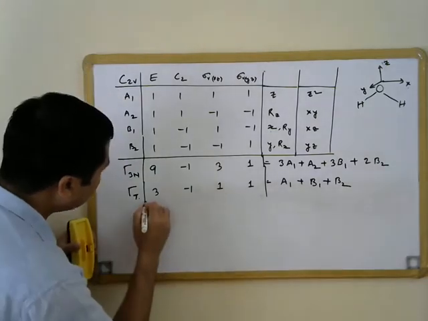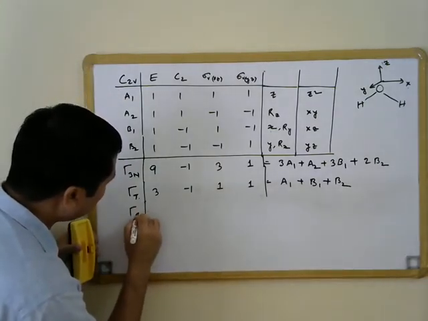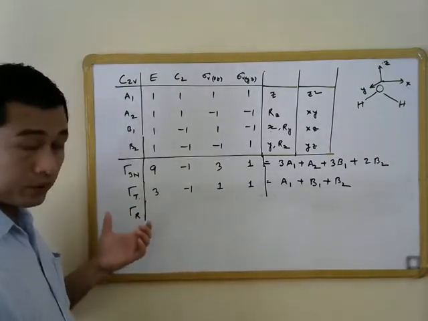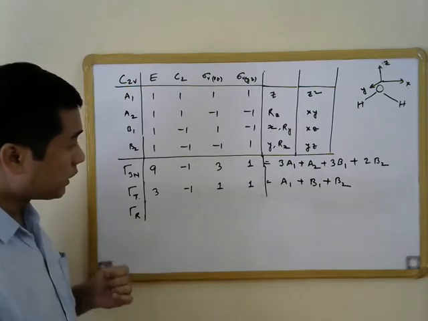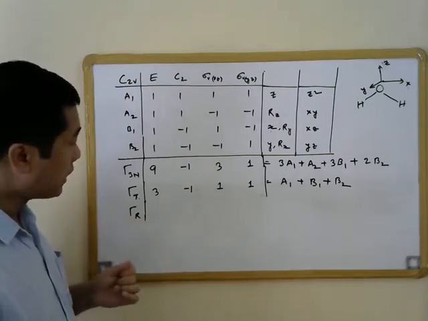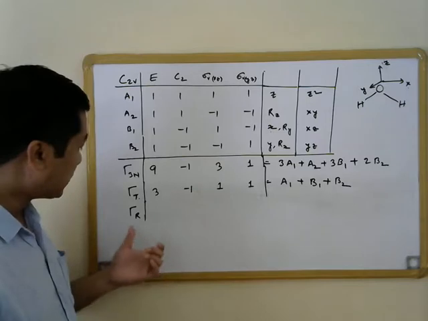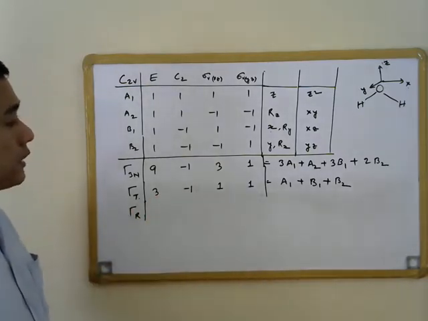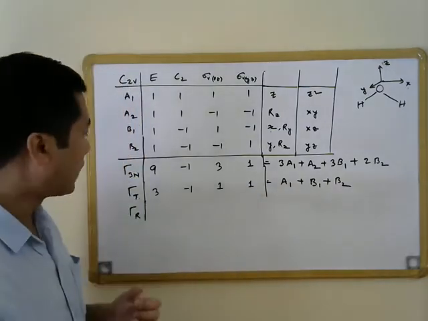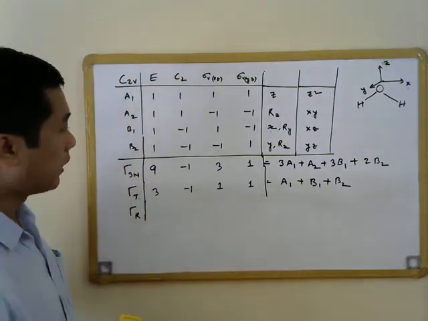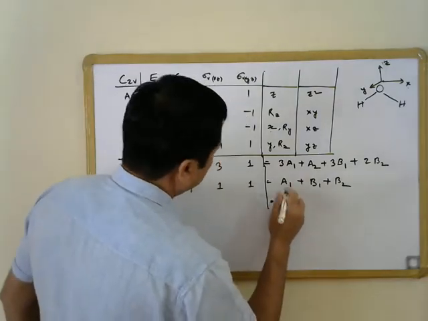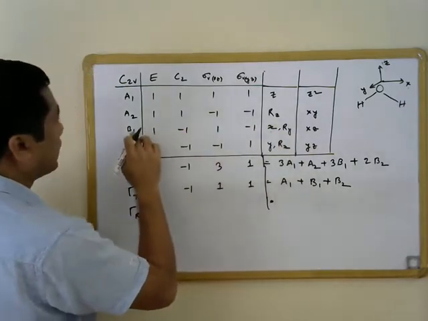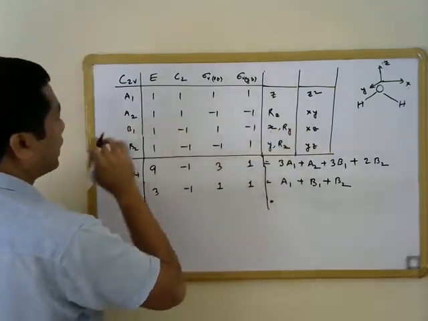So then what we will do is that we will also write the characters of the reducible representation if we take the rotational modes as the basis, that is gamma r, and we can find out the characters of gamma r as well as the irreducible components of gamma r again by looking at the character table, because we know that Rx transforms as B2, Ry transforms as B1, and Rz transforms as A2.